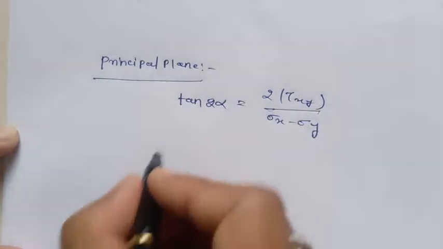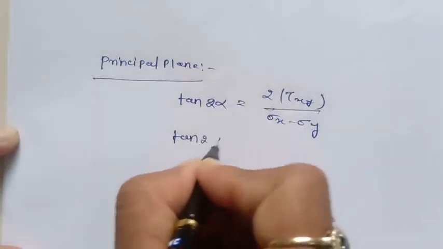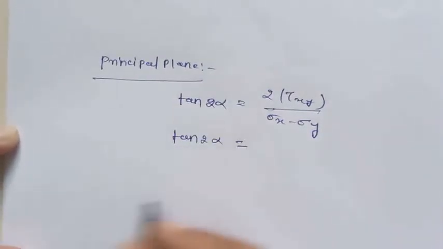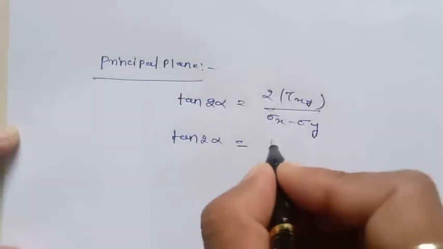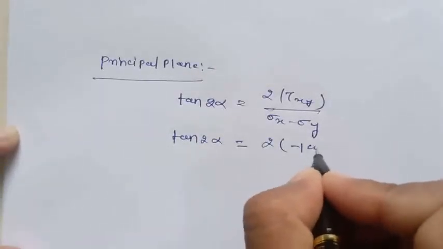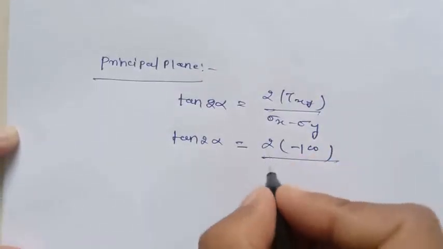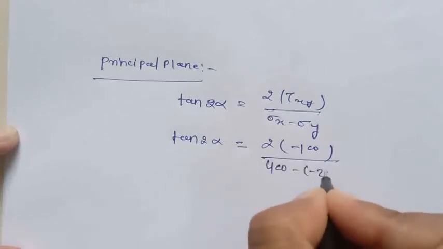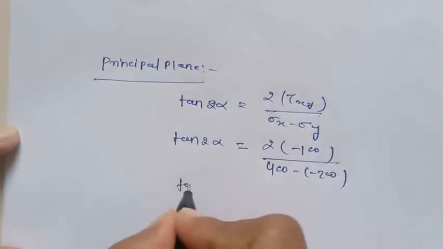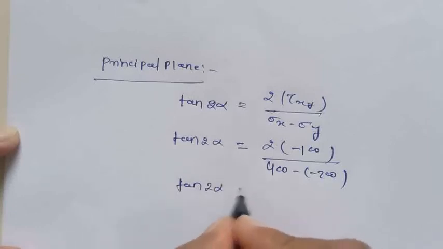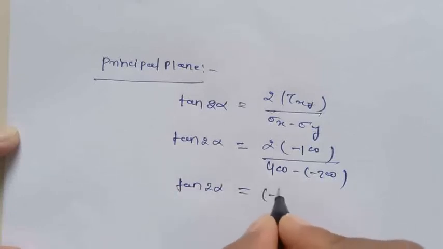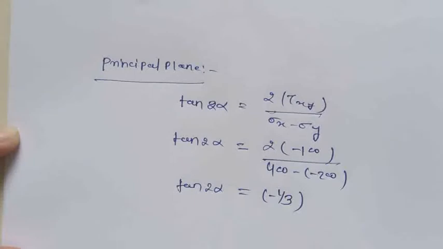So if you put the values here, we get 2 into minus 100 divided by 400 minus 200. So tan 2 alpha will be, calculate, this will be minus 1/3.